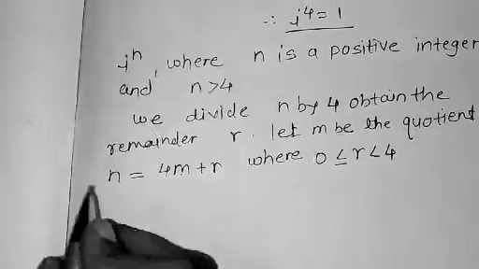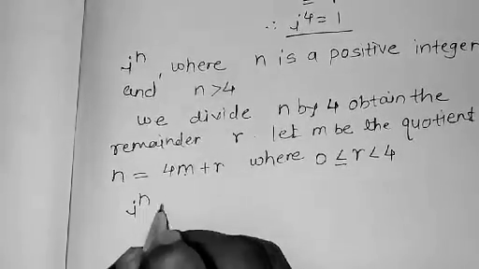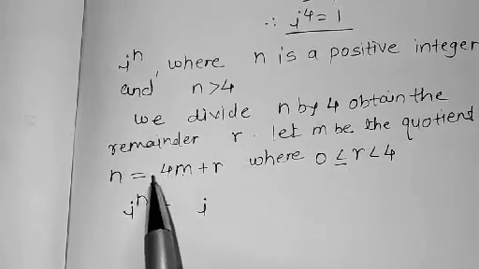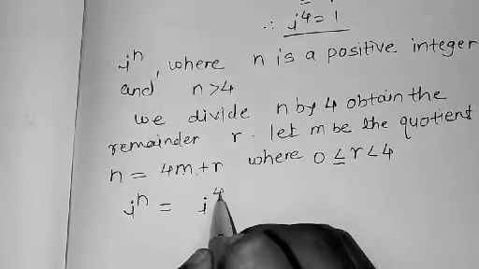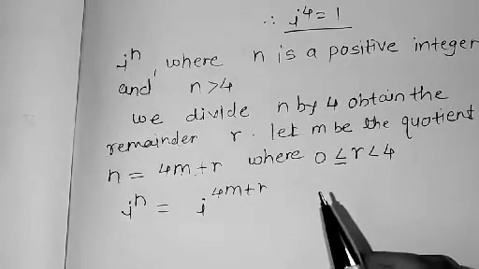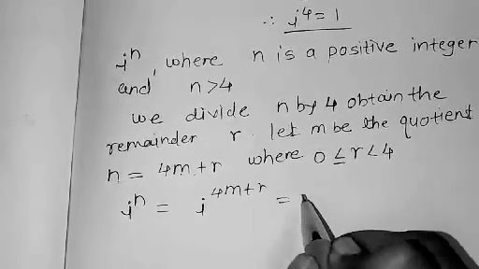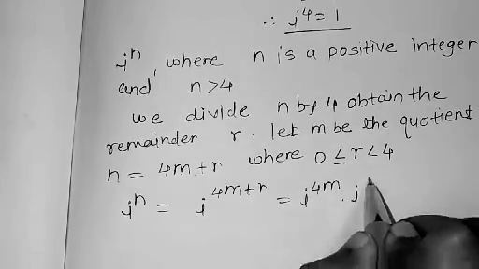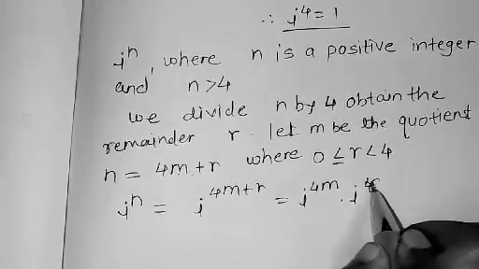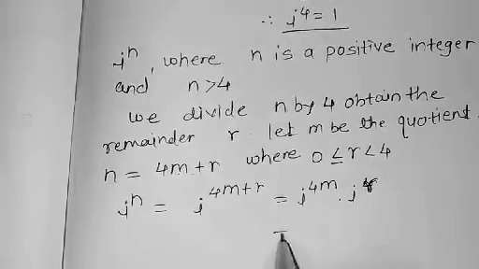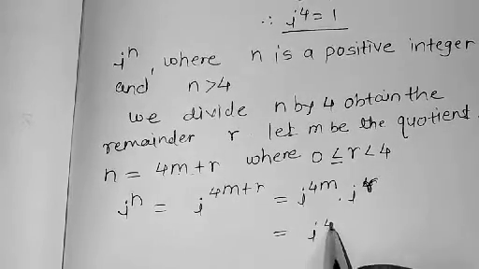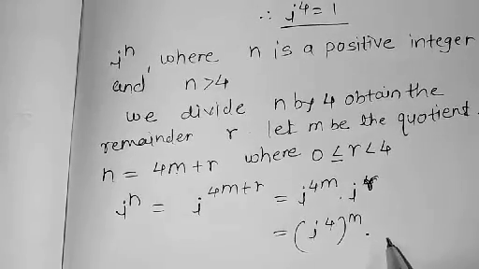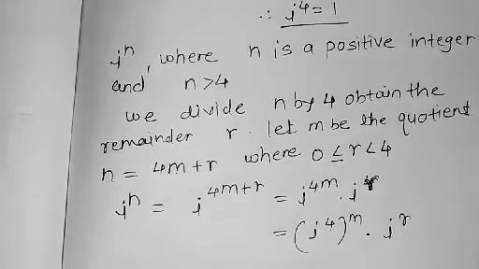So here we can say iota raised to n is nothing but iota raised to 4m plus r. So it gives iota raised to 4m into iota raised to r, or iota raised to 4 bracket raised to m into iota raised to r.